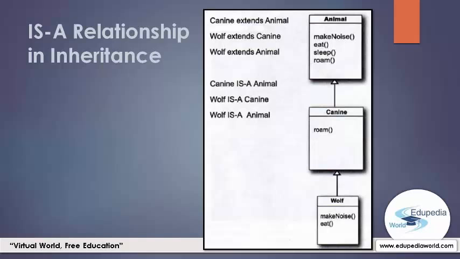In fact, as long as animal is somewhere in the inheritance hierarchy above wolf, wolf is an animal will always be true. This structure of the animal inheritance tree says to the world, wolf is a canine, so wolf can do anything a canine can do, and wolf is an animal, so wolf can do anything an animal can do. But there might be a few things that wolf and canine perform in a different way. And that is called overriding methods.